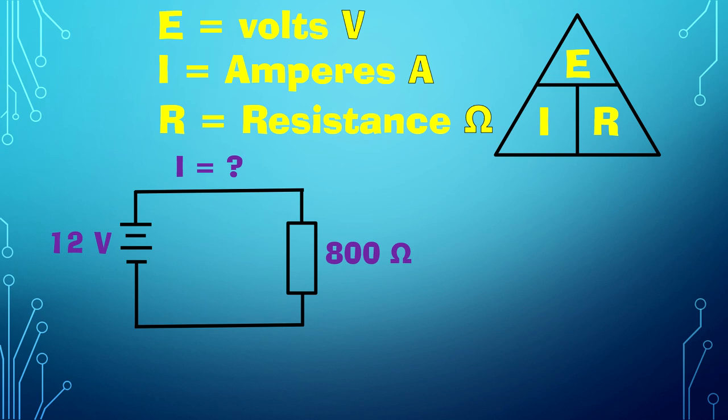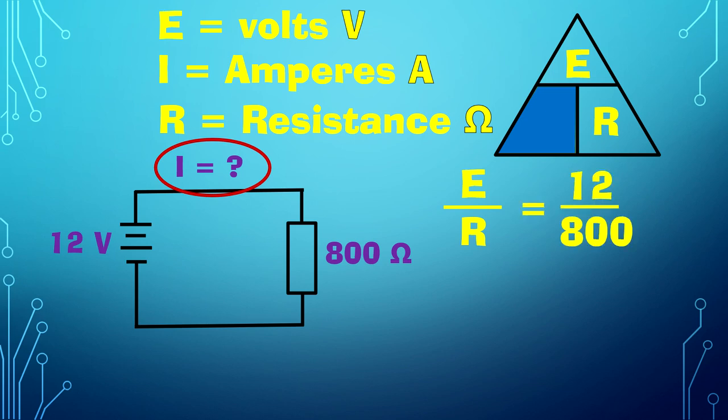The way this works, since I'm looking for the I, I cover the I in the triangle, which leaves me with E over R. So I fill in my values. I've got 12 divided by 800, which equals 0.015 amps.